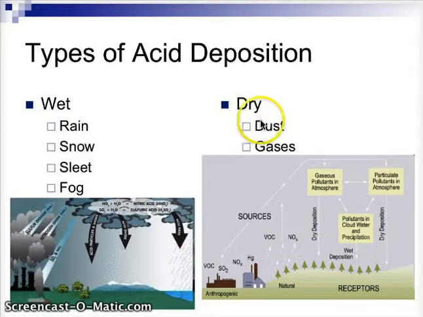We can also have dry deposition, things like dust and gases. These are things that are released from power plants and exhaust from cars, and both of these types of deposition, whether wet or dry, can be inhaled by people and cause health problems. So it does have a pretty big impact on some people.